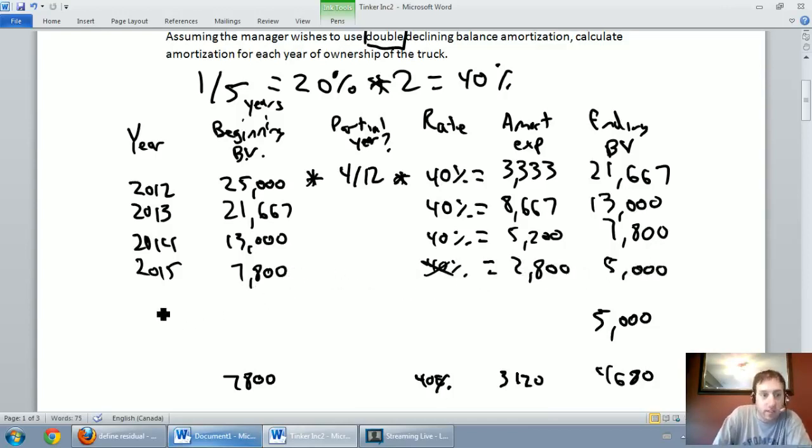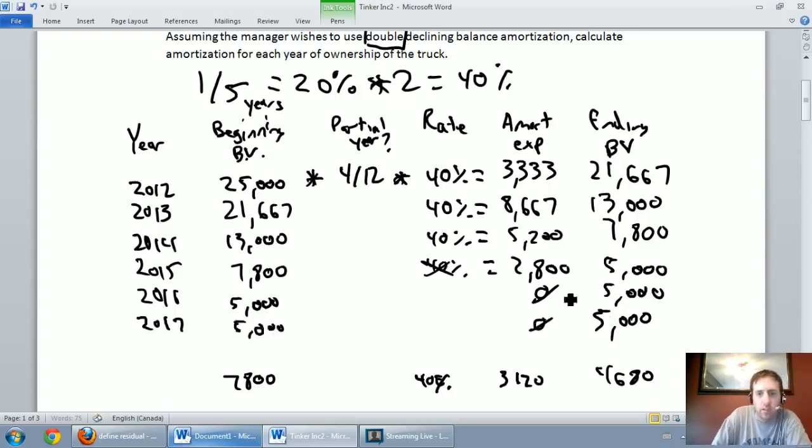Now for 2016 and 2017, I don't amortize anymore. I start with an asset worth 5,000, my amortization is 0, I end with an asset of 5,000, and the same is true in 2017. 5,000, 0, ending at 5,000. Again, this bottom was just to show you. I'm going to just scratch it out because that's not what we did.